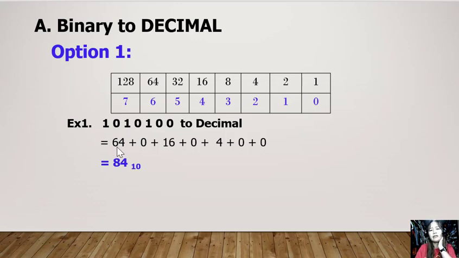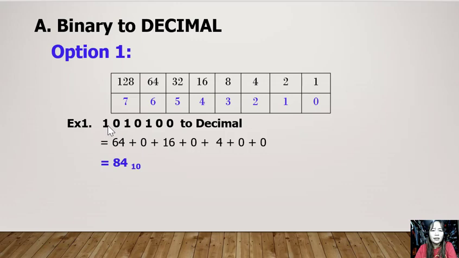To make it easier for you, try to ignore the zeros here. So that would be only 1 at position number 2, which is equivalent to 4. Another 1 here is at position number 4, so that's 0, 1, 2, 3, 4, equivalent to 16. That's why you have 16 here.